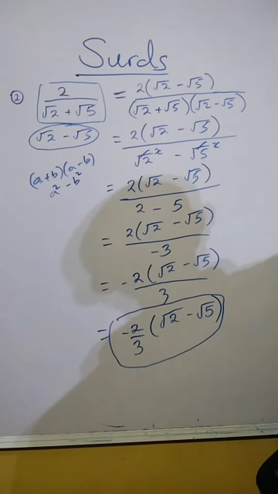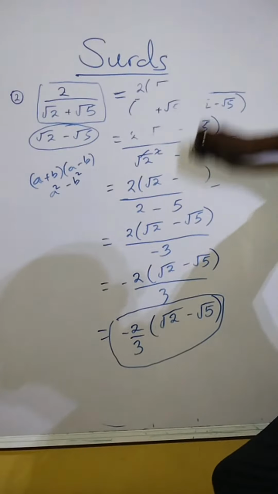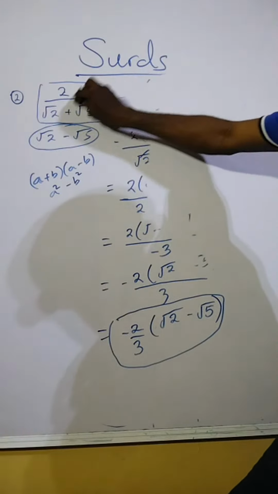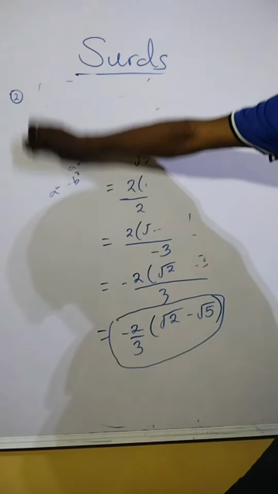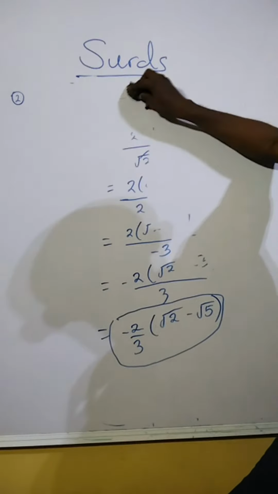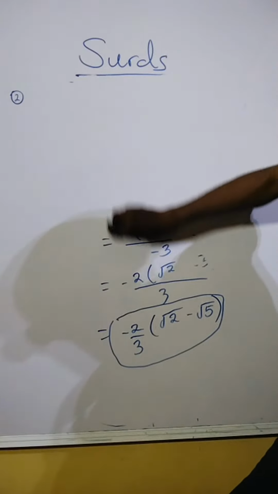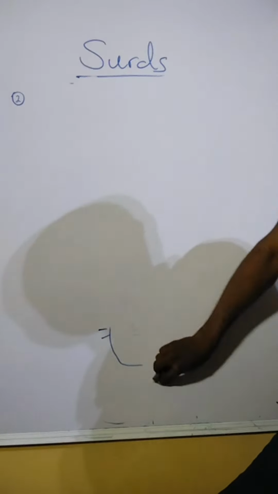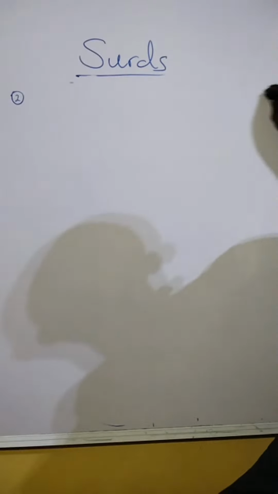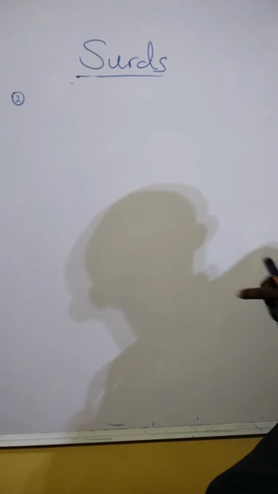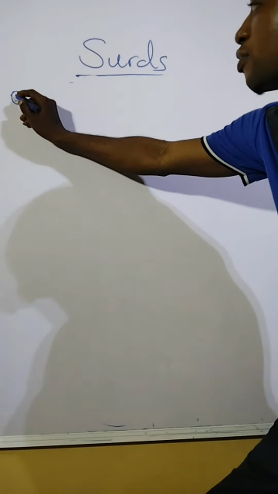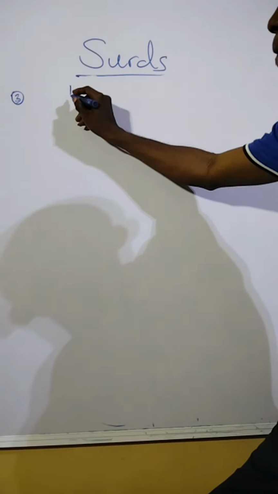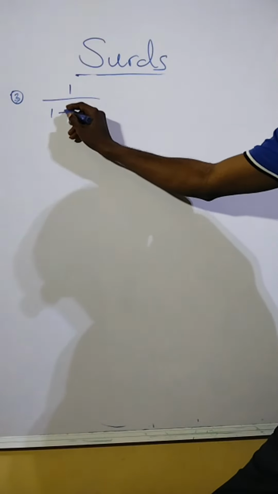Then we can still look at another one here. We call this number 3. That is, here we have 1 over 1 plus root 2.